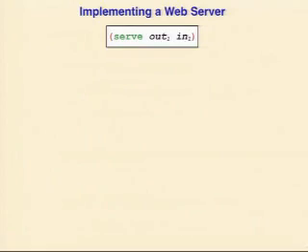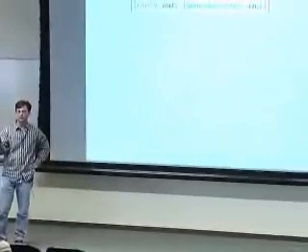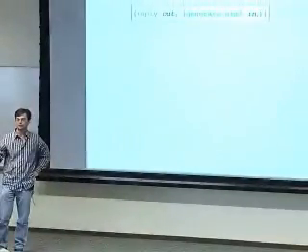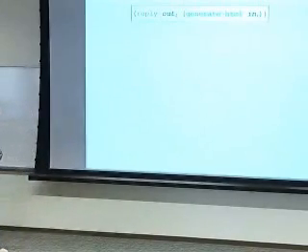So here's what happens when you implement it. Your web server is going to accept some TCP connections in and out and pass them off to some serve function. The serve function is going to build up this kind of computation. It's going to say, generate HTML based on the input stream, so find out what they're asking for, generate the appropriate result, and then send the reply back out to the out connection.